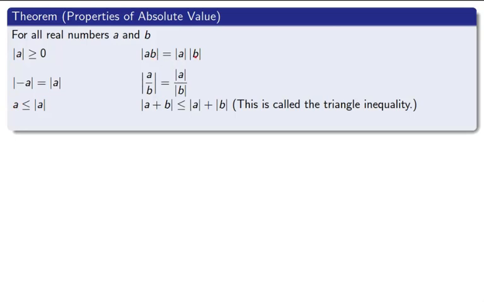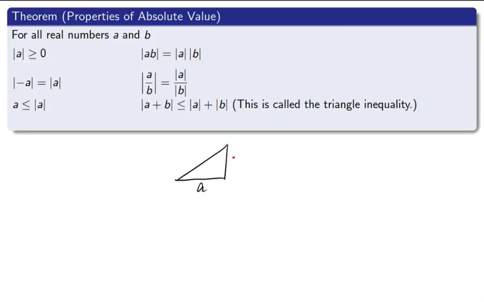Absolute value can actually break up across a product. You can take the absolute value of each and then multiply them together. And also a quotient. If you have a fraction, you can take the absolute value of the top and the bottom. And then the final property is called the triangle inequality. Now the triangle inequality is a strange name for it, and I can draw you a little picture.